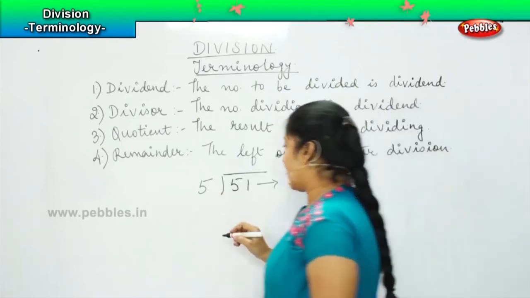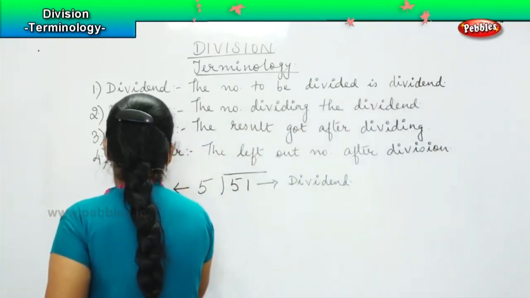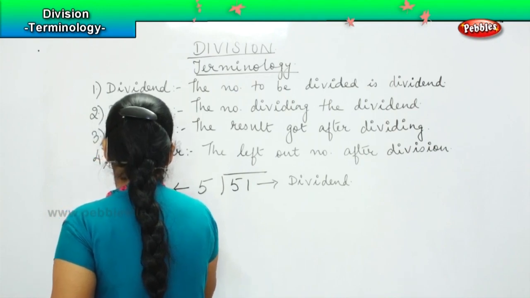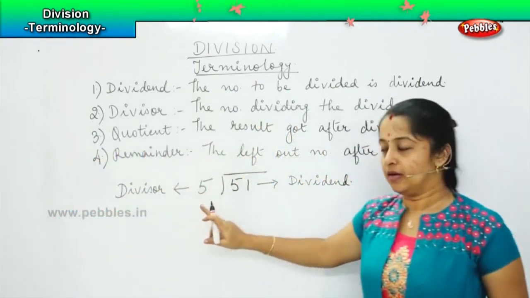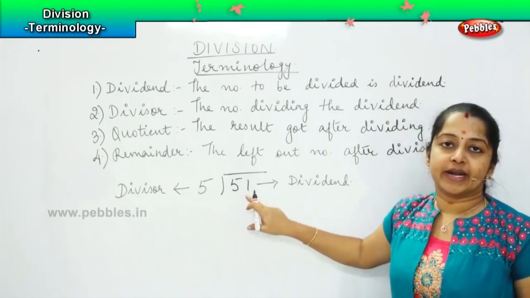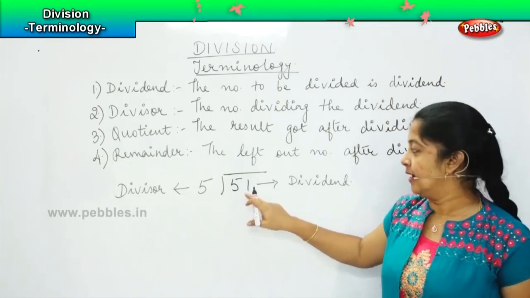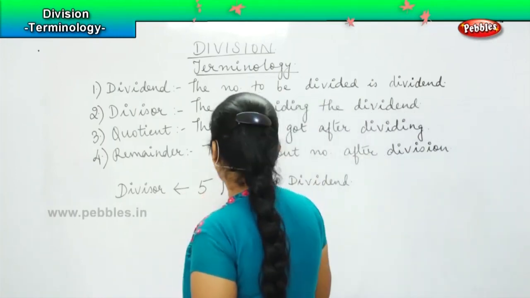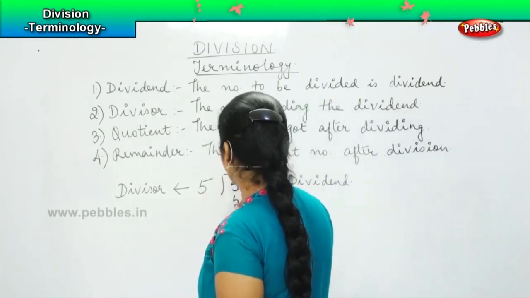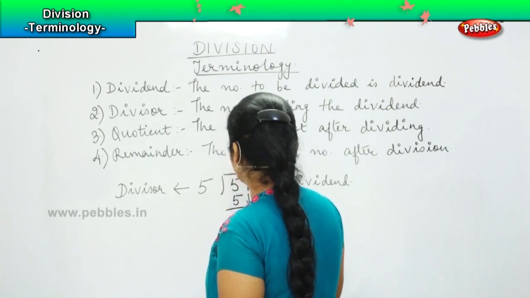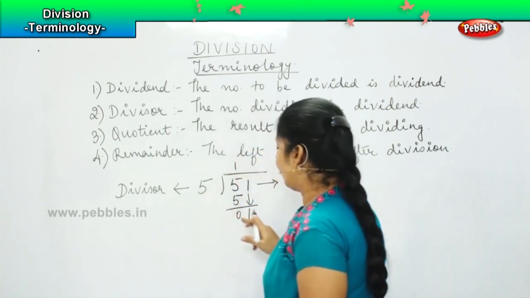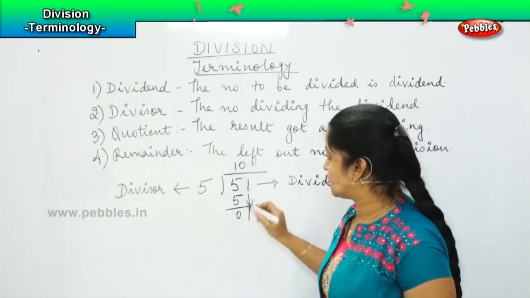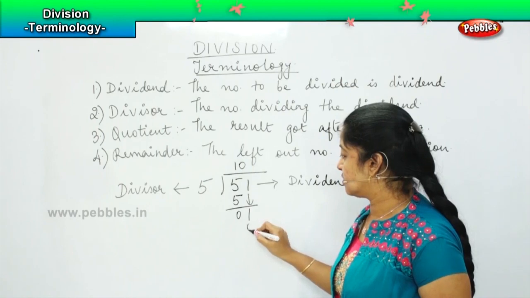This 5 is called my divisor. That is, 5 is the number with which I will be dividing the number 51. The answer which I will be getting: let's see, 5 into 1, 5. Then comes here 0 and 1. So in 5, 1 will go how many times? 0. Right. So 0 and here also 0.